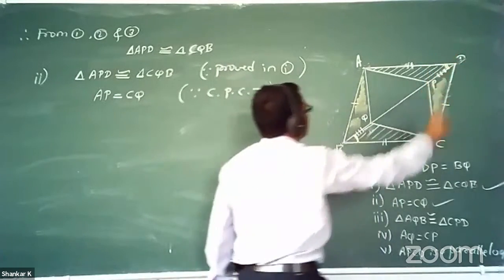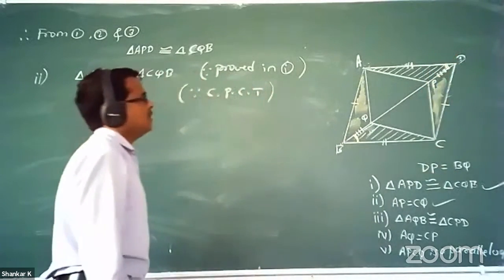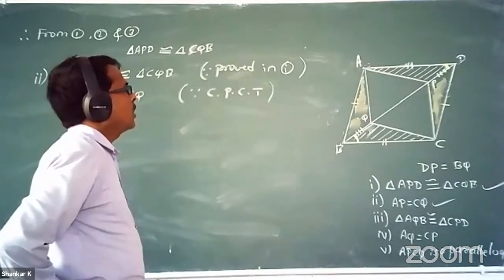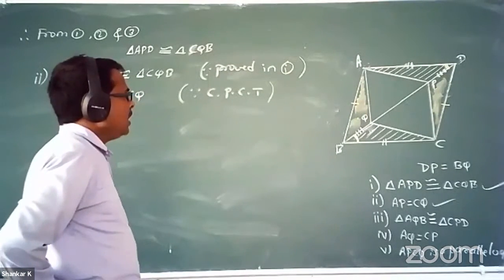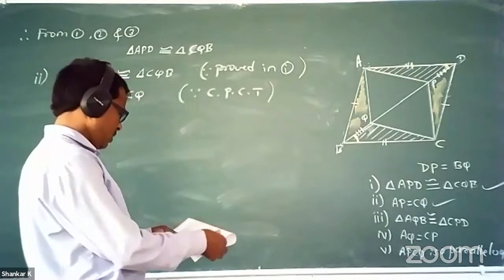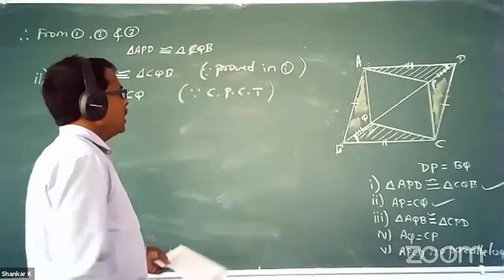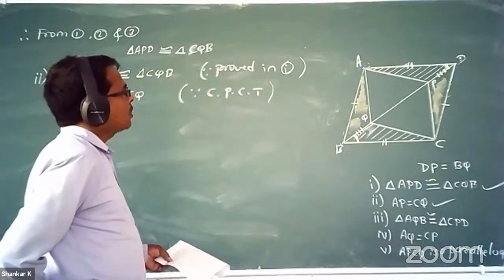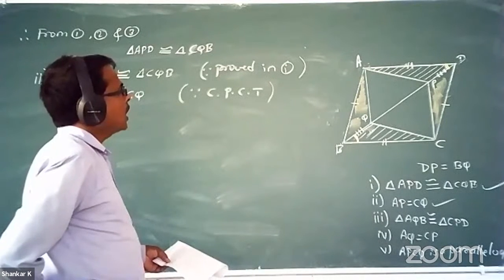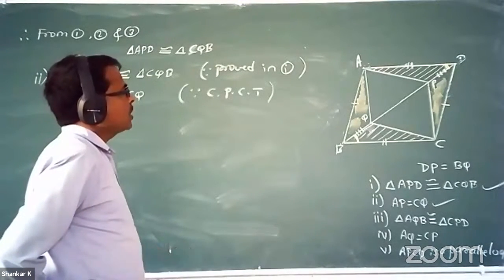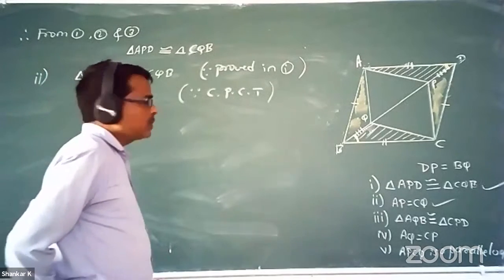That is given. One more part should be equal. Which is that one more part? Okay, which is one more part now? Can you tell me?